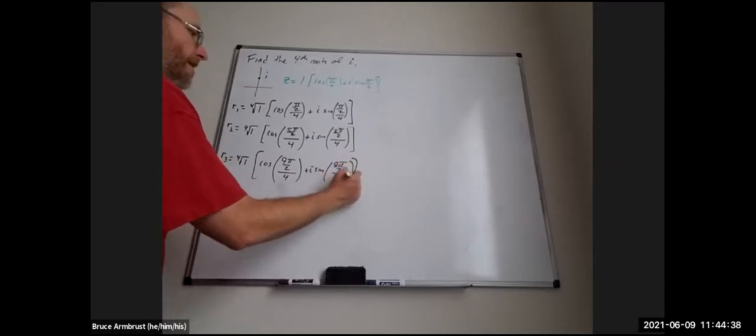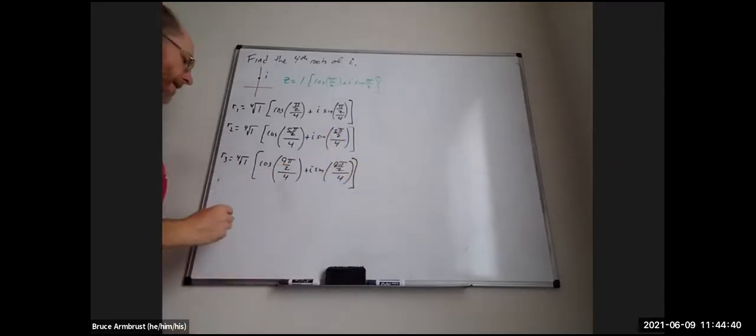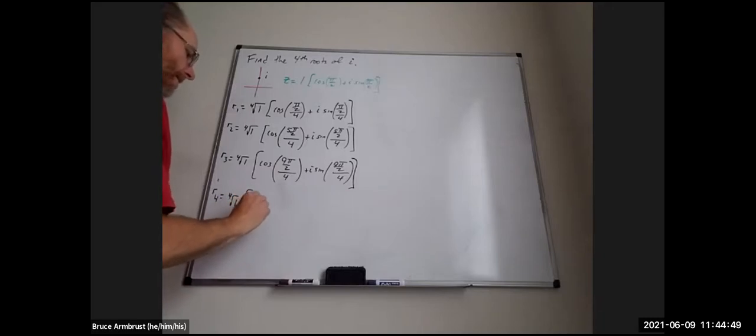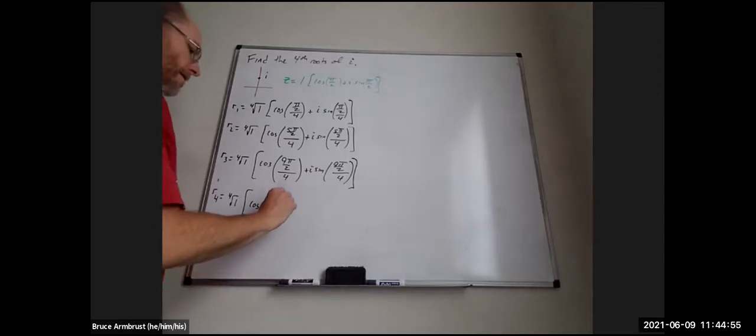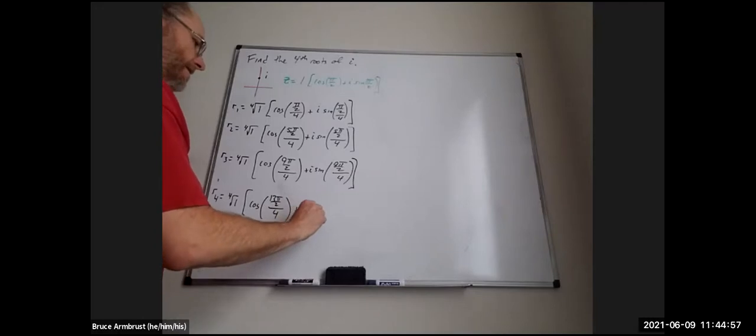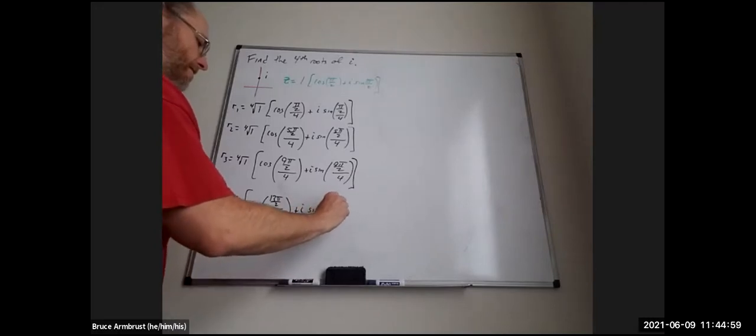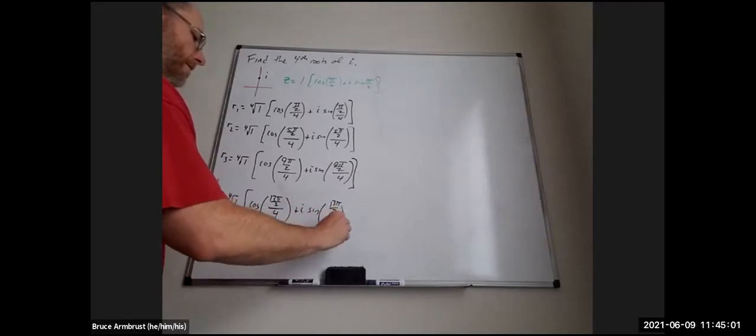Because I just added another 2 pi to the 5 halves pi. And then my last one, I add another 2 pi yet again. That's going to give me cosine of 13 pi over 2 over 4 plus I sine of 13 pi over 2 over 4.